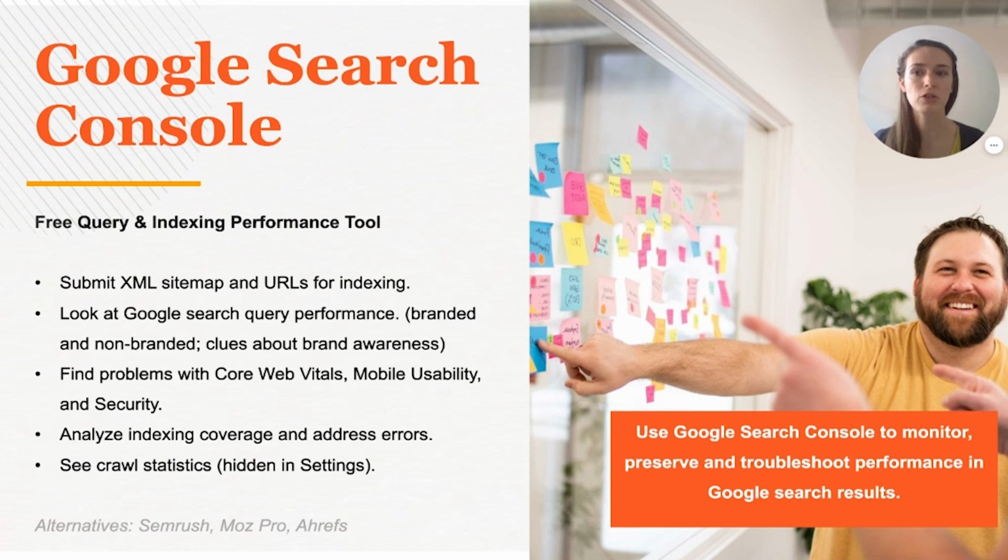You can submit your XML sitemap directly to Google Search Console to make sure that the search engine has your most recent version, which is very handy, especially if you have recently updated a lot of pages and you want to ensure that those changes are quickly recognized and indexed so they can be served in search results.